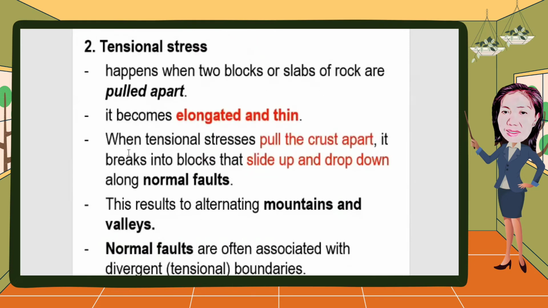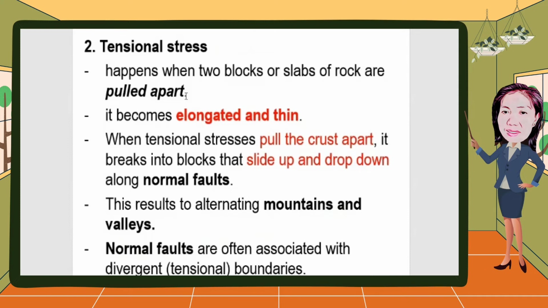Okay, the second type of force or stress is the tensional stress. This tensional stress happens when two blocks or slabs of rock are pulled apart. So this time, the movement is they are pulled apart. So it becomes elongated and very thin.